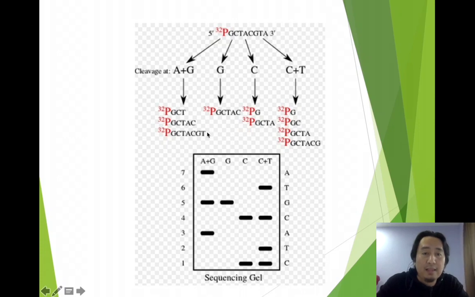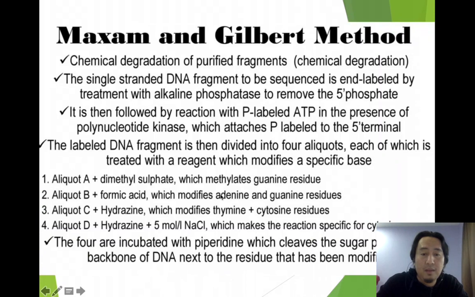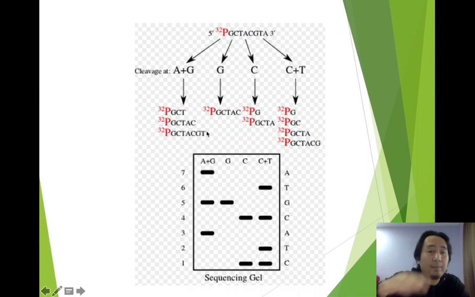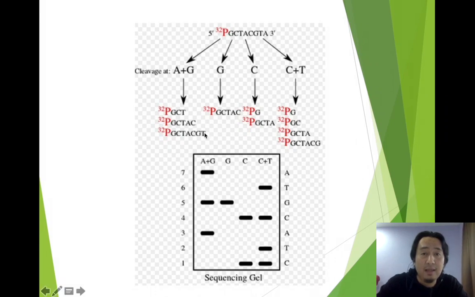So formic acid will modify A, and by heat you can remove it. Then piperidine will cleave the backbone of DNA, so remove the A part. So that's why only T is left here. Right? Understand? Right. Next, it will recognize G. So it will modify G and the G will be removed. Right? So you can only detect P, G, C, T, A, C.